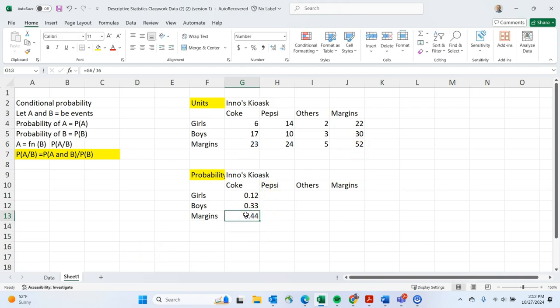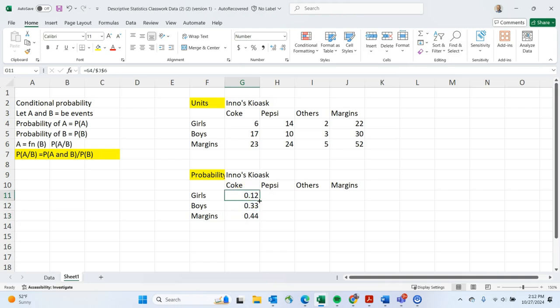We could also sum the probabilities, so you could sum these two probabilities and enter, and you will get this value. You will also take the Pepsi divided by 52, and get all the values divided by 52, so you get a probability for each of these.